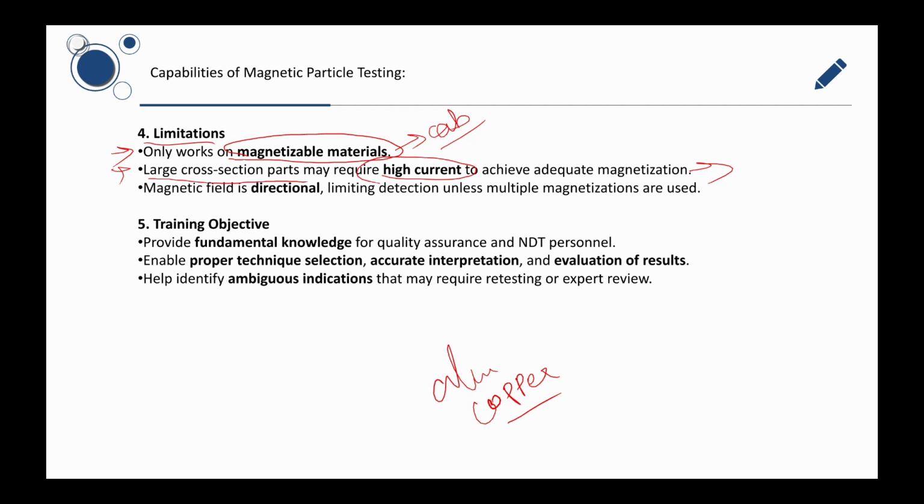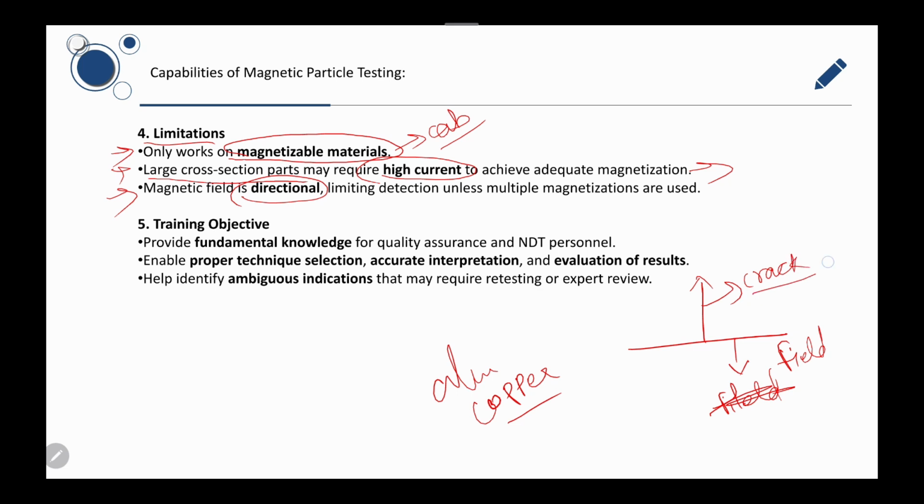The next one is the magnetic field is directional. MPT detects flaws best when they are oriented perpendicular to the magnetic field lines. These are flux field lines. This is a crack or any defect. So the magnetic field is in this direction and the defect is perpendicular to the magnetic field.